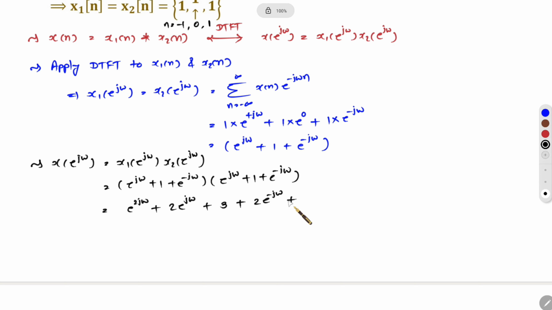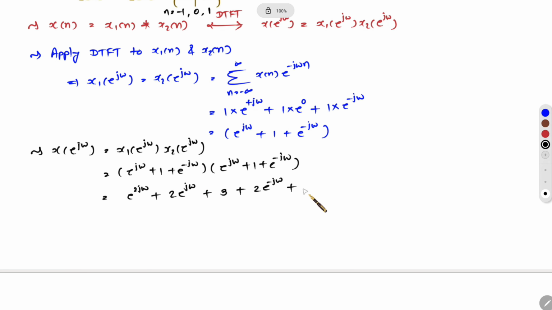And then e to the power minus j omega into e to the power minus j omega, that will be e to the power minus 2j omega. That is how the simplified multiplication is there. Now if you carefully observe, here we have 3 elements into 3 elements, means we will be having in total 9 elements. Now over here you see 1 plus 2 plus 3 plus 2 plus 1 means in total 9 elements, right? So this is the correct multiplication.